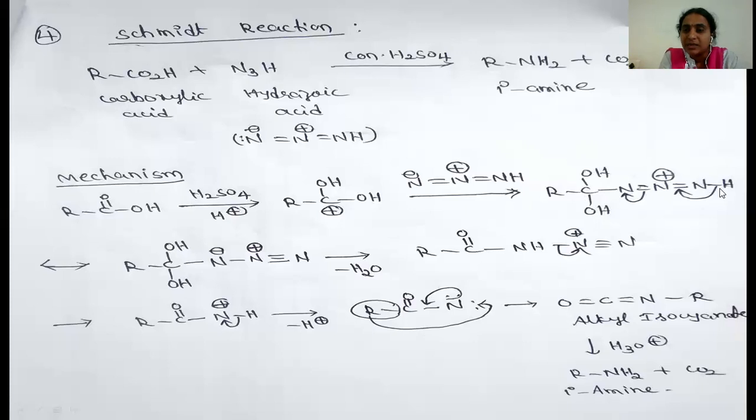Now in this, this hydrogen gives its bonding electrons to here, and simultaneously this pi bonding electron shifts to this nitrogen.